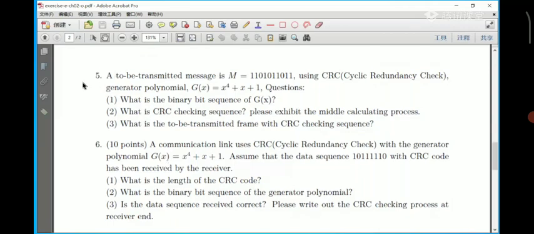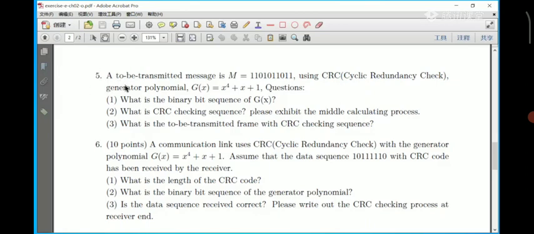So question 5 is done at the sending end. Question 5 is at the sender end. Question 6 is at the receiver end. Do you understand?